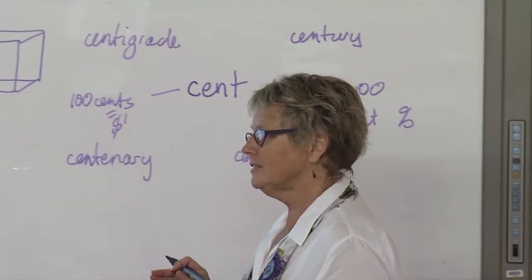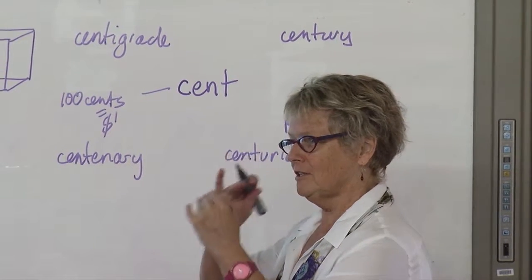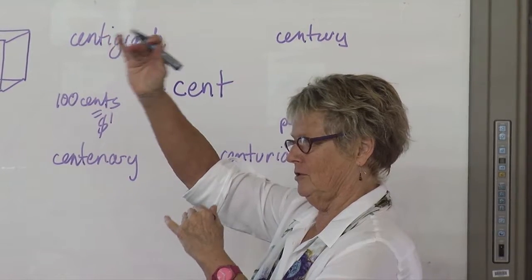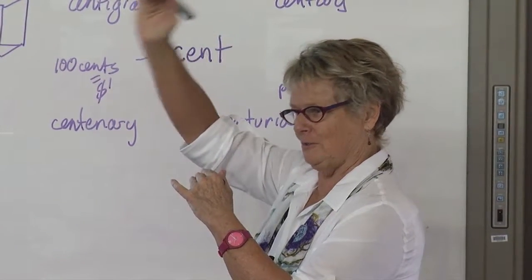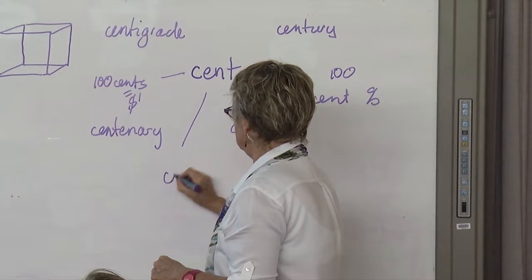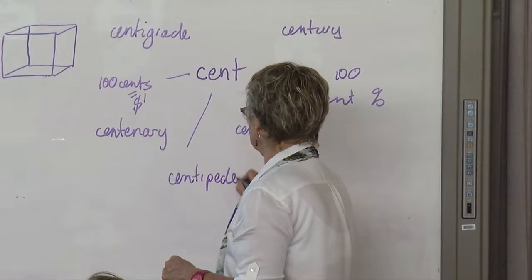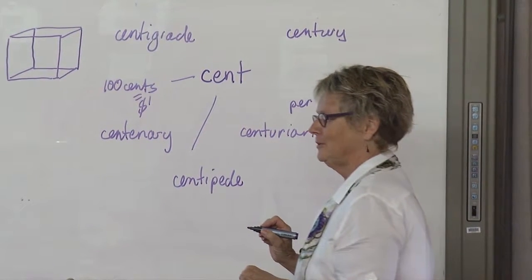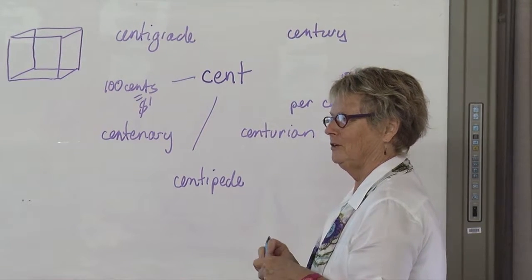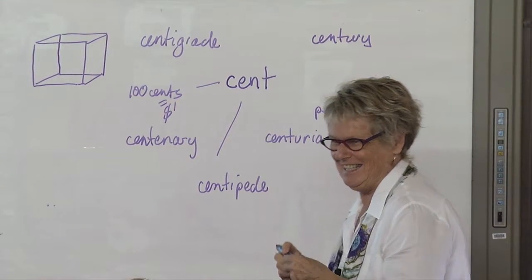Centigrade because boiling is 100, because it goes from 0 to 100, freezing point to boiling point. And centipede because it's supposed to have 100 legs. It's a fallacy, people thought it had 100 legs, because it had a lot. So a millipede is even more legs.